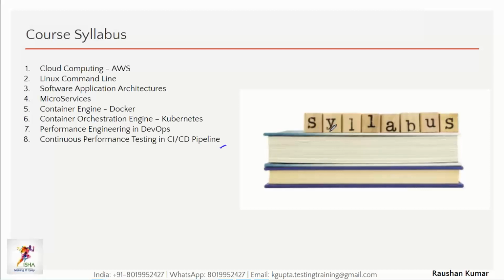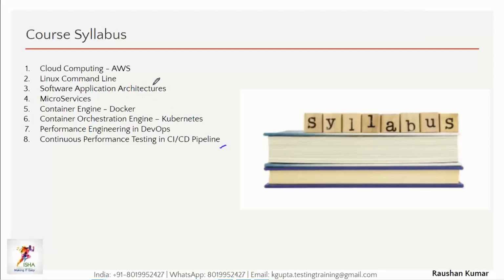Okay. And regarding the third point, that is software application architecture. I know you will be covering almost all types of server architecture. But are we also going to cover basic server architecture details, like how a .war file and a .jar file work, like JBoss and all those application servers?